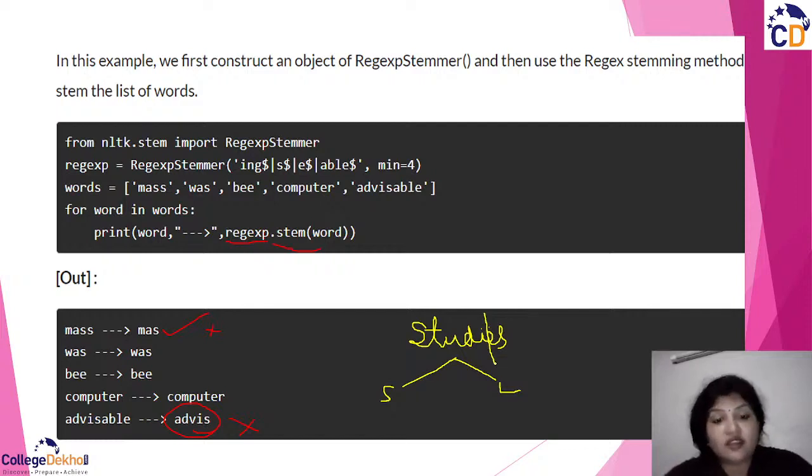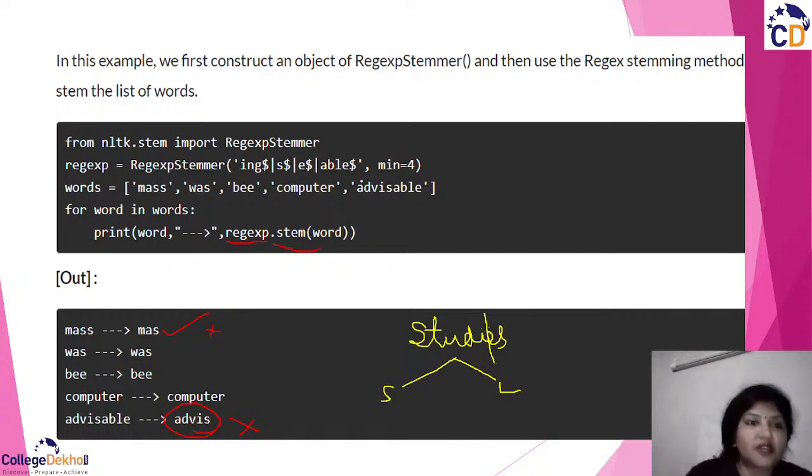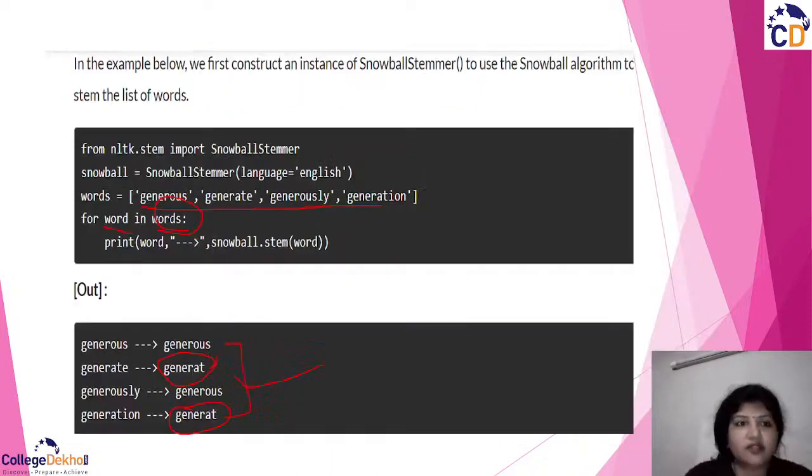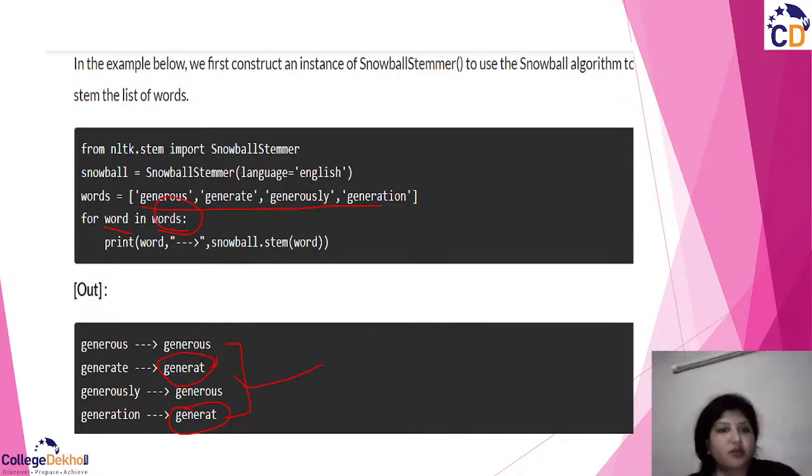What are the different applications of stemming, and the main thing, which library we have used for the different types of stemmers, that is NLTK. In previous sessions I have not explained this part, so let me give you a brief overview. NLTK is a library. From there we have taken the stem class only, which consists of a number of functions like the Snowball stemmer, the Porter stemmer, the Lancaster stemmer, and the regex stemmer, right?